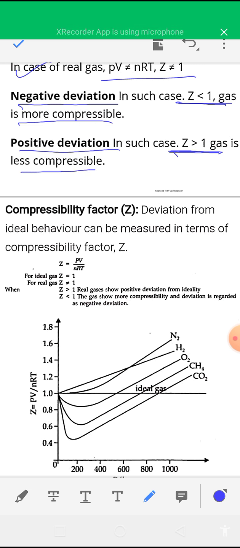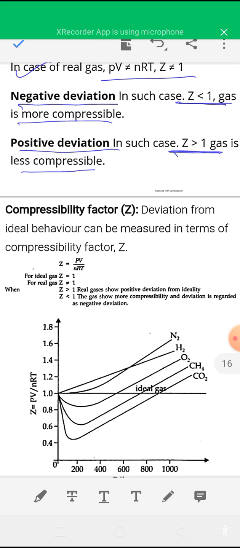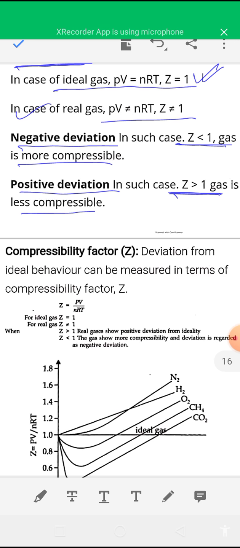And graphically, we know the PV versus P graph for ideal gas is parallel to the pressure axis.